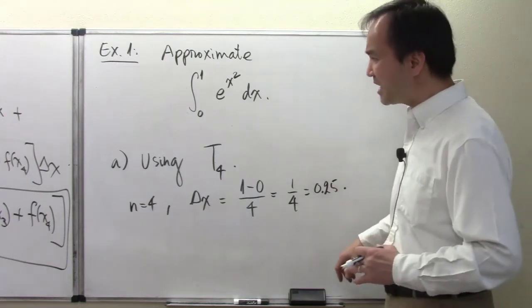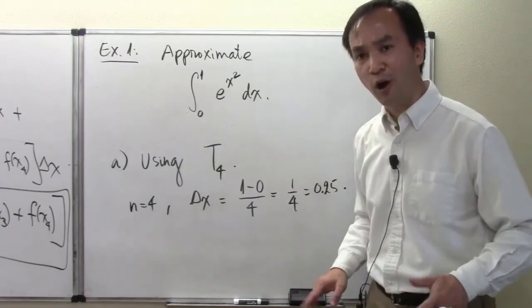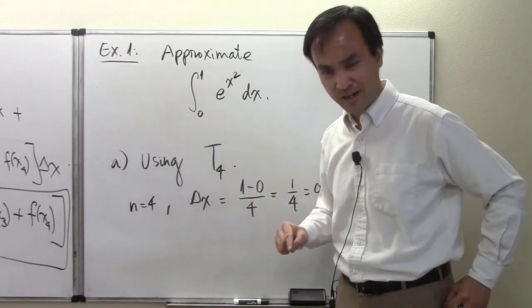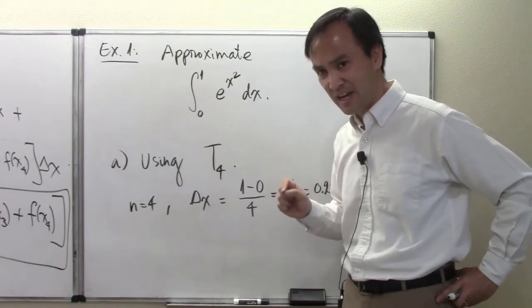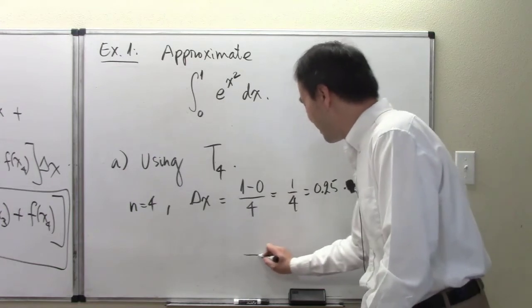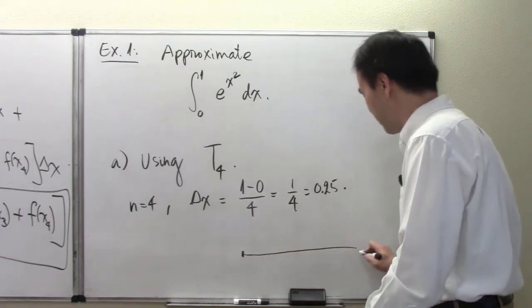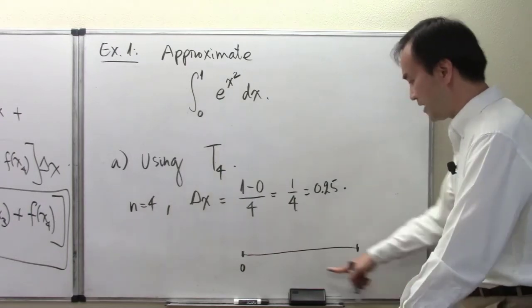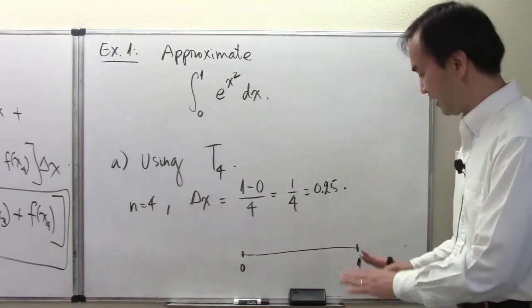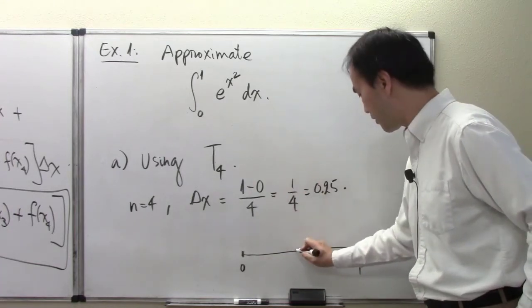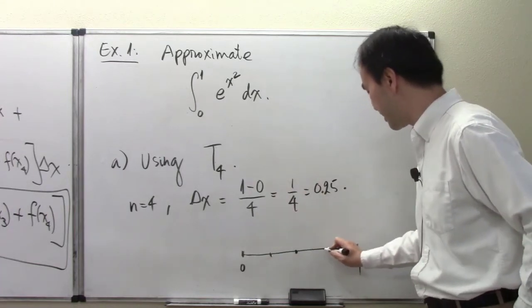It's never a bad idea to quickly sketch the picture of the partition points, just like the idea I introduced back when we studied the Riemann sum. 0 is the beginning and 1 is the ending point. This is our interval from 0 to 1 right here, and this time we break our interval into 4 subintervals. So halfway is here, quarters are here.